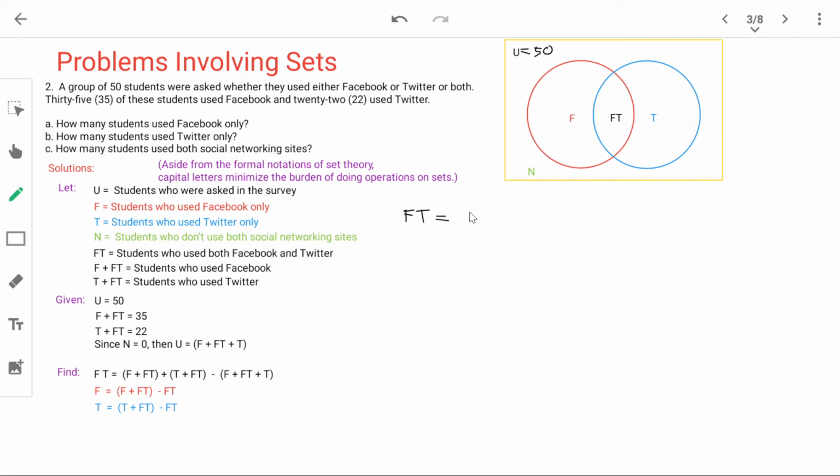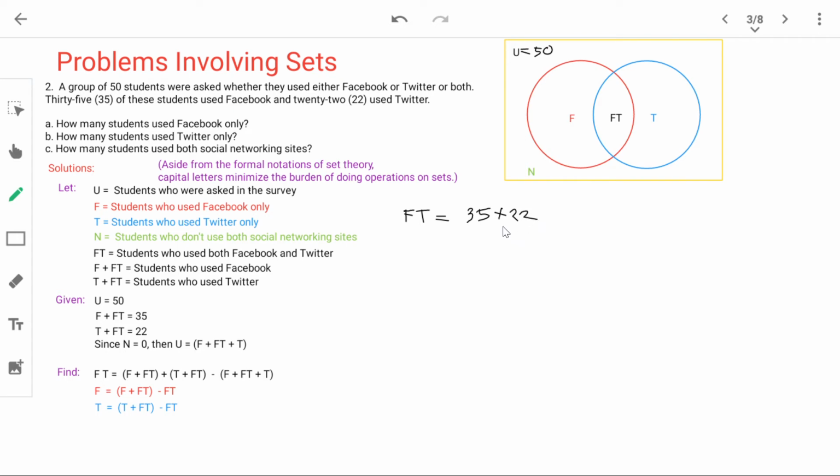So 35 students who use Facebook. But it doesn't mean that they only use Facebook. They use Facebook or also Twitter. Then plus T plus FT, these are the students who use Twitter, plus 22.